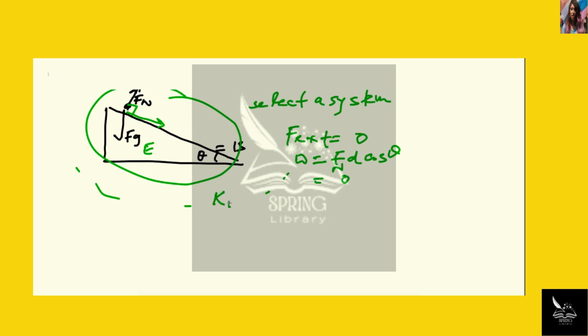So I'll write down the generalized work energy principle, which states that the sum of the initial energies of the system, so we have the initial kinetic energy plus the gravitational potential energy, plus the external work done on the system, is equal to the final kinetic energy plus the final gravitational potential energy plus some internal energy, which I'll call U_int.